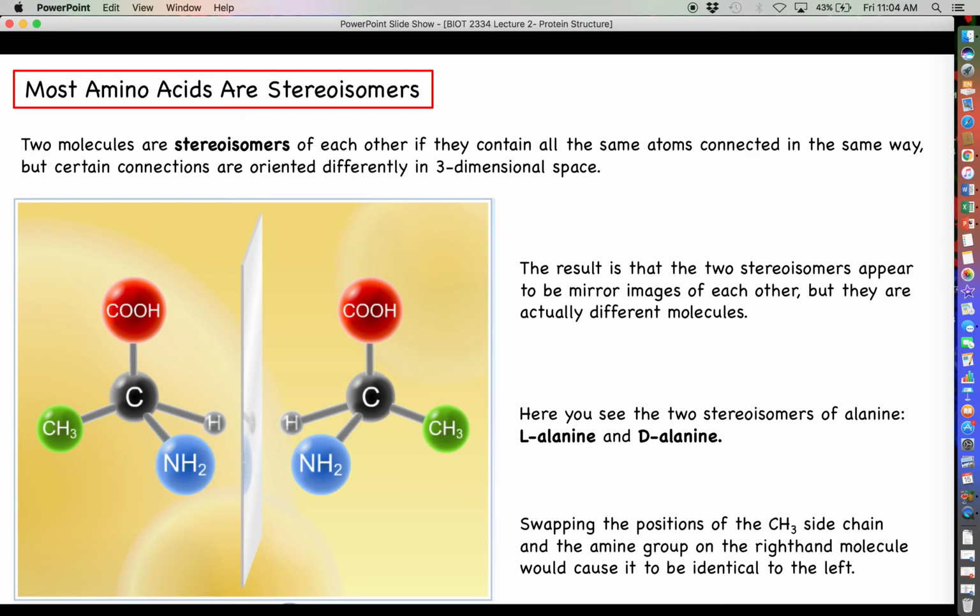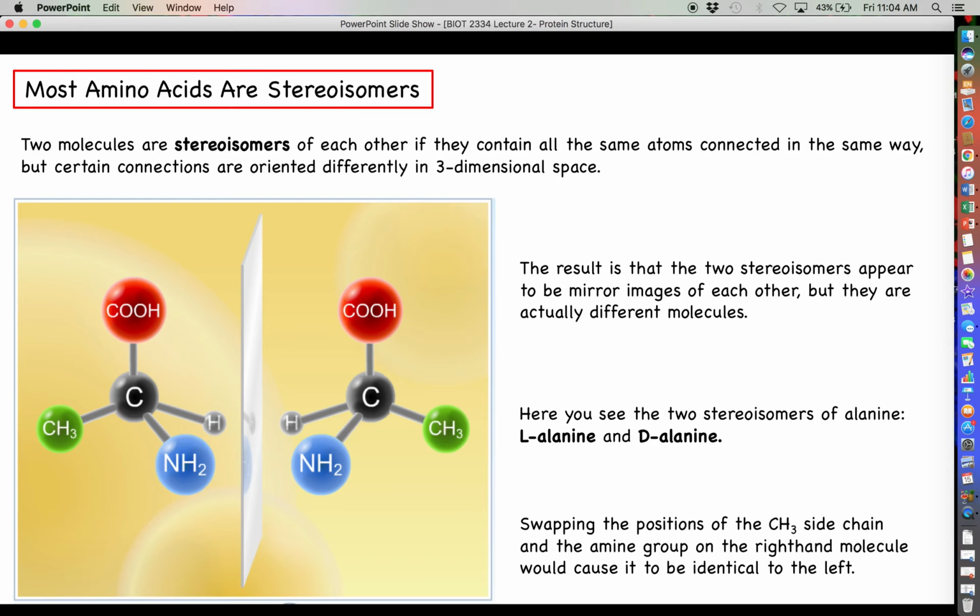So those are what we call isomers. They have the same chemical formula, but they're two different molecules that are attached in three-dimensional space. So stereoisomers are a type of isomer that is basically what we're dealing with here. And amino acids are stereoisomers, unfortunately for us, something that we have to kind of keep track of here.